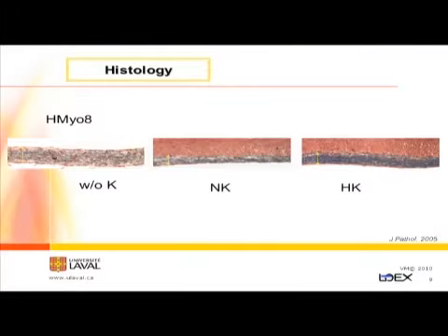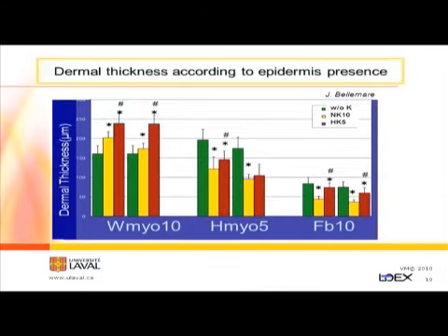The epidermis was made with hypertrophic scar keratinocytes or normal skin keratinocytes. This is an example of what we obtain using Masson's trichrome histology. You can see the dermal part in blue and the epidermal part in red. When we add hypertrophic scar keratinocytes, we obtain a dermis that is thicker than when we use normal keratinocytes.